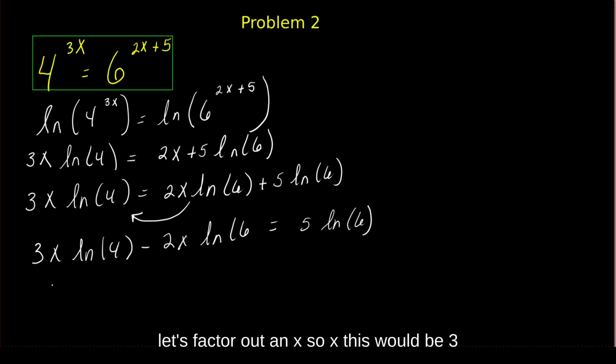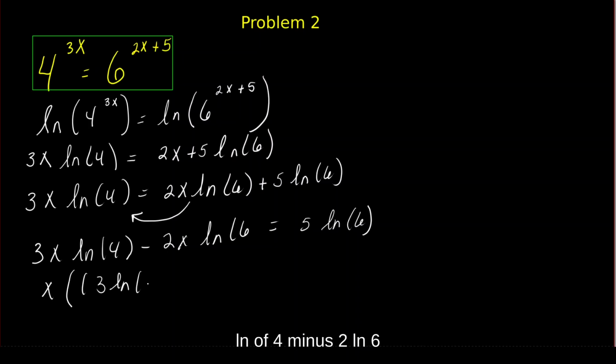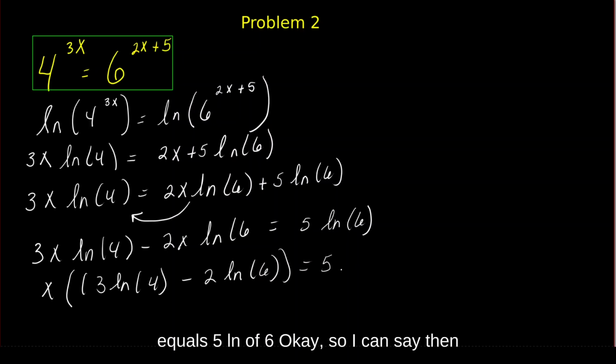I can say then, let's factor out an x. So x times (3 ln 4 minus 2 ln 6) equals 5 ln 6.